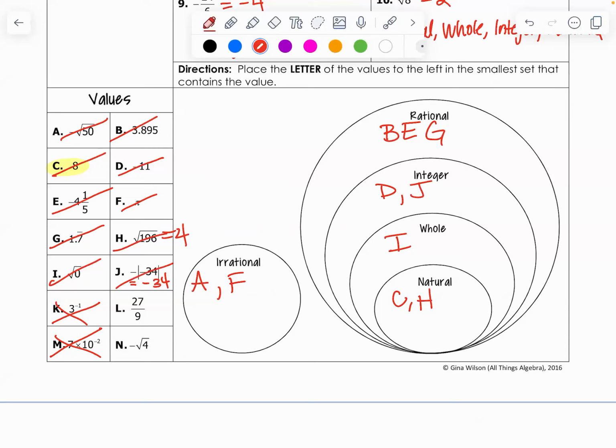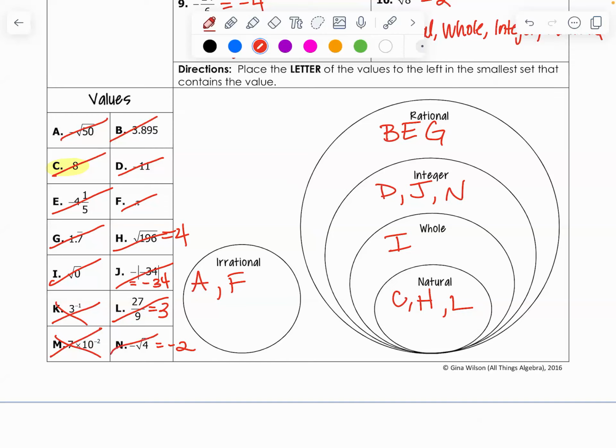Okay, 27 over 9 is 3. So that would go under natural. Negative square root of 4 is the same thing as negative 2. I told you to skip K. Negative 2 is an integer.